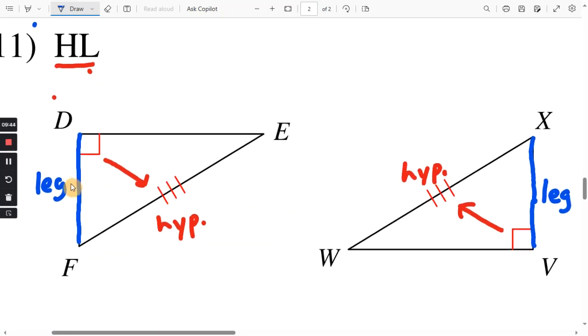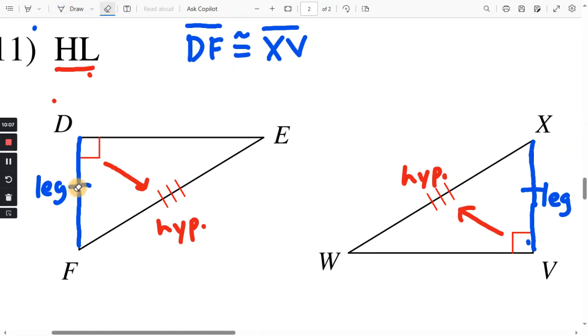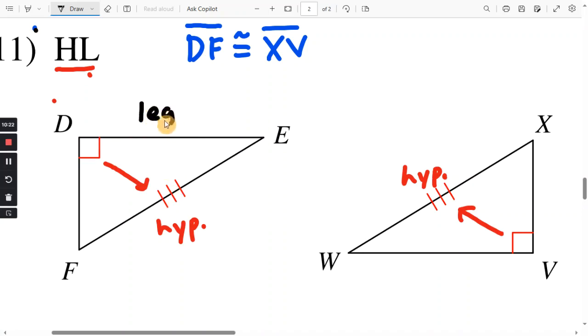So if we mark the leg congruent to the leg, that would be DF congruent to XV. Remember, the order of the letters doesn't matter when naming a side or a line segment. Now, that's one potential answer. Let's say for the sake of argument, I'll do it in a different color. This is also a leg right here because it's in a right triangle but it's not a hypotenuse, and this right here is a leg as well.